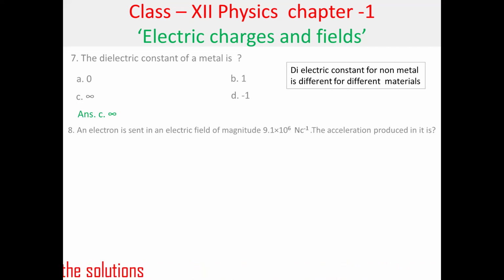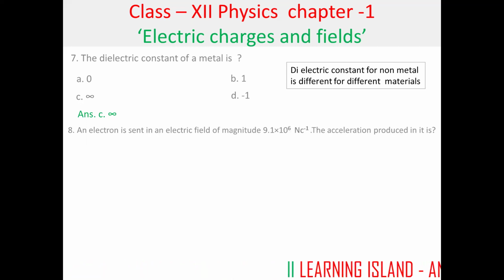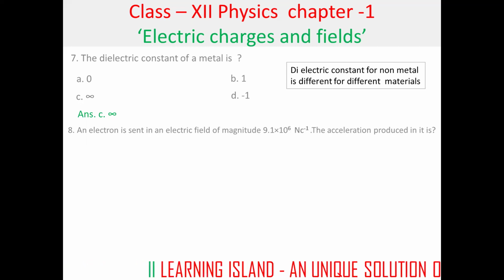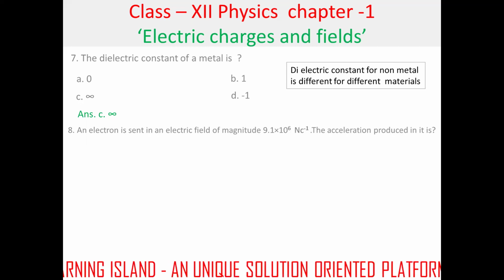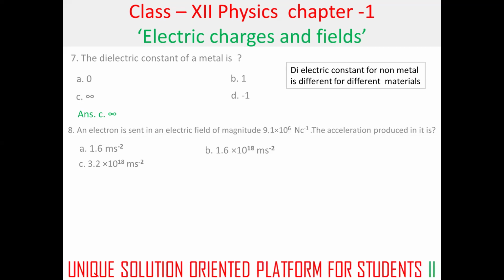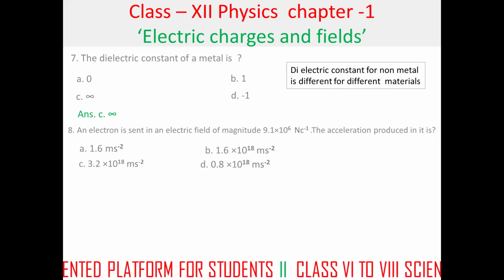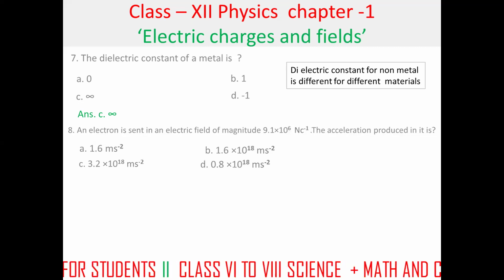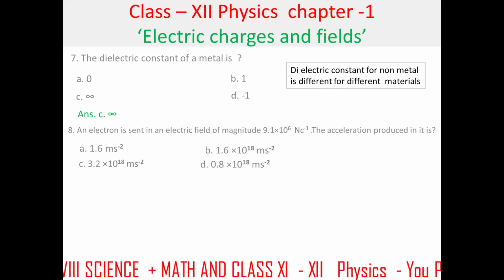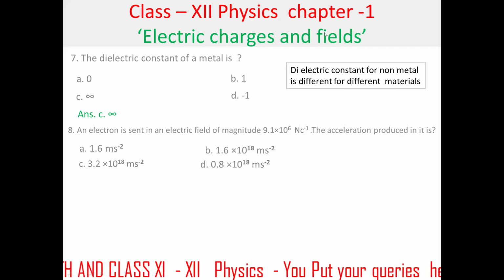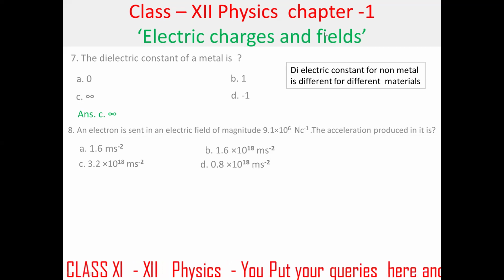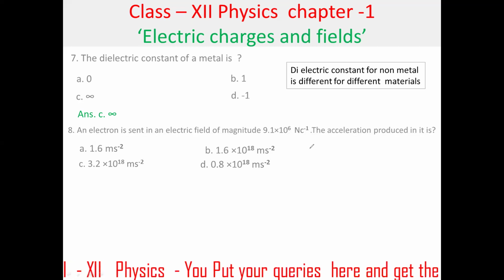An electron is sent in an electric field of magnitude this. The acceleration produced in it is. Options are this, this. So this needs to be calculated. So how can you find out this answer? Let us discuss this.